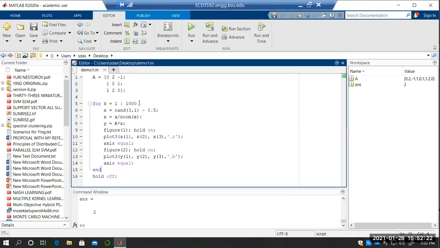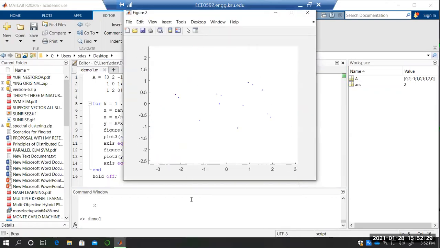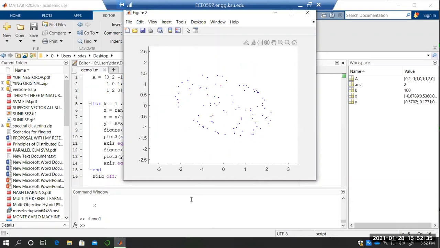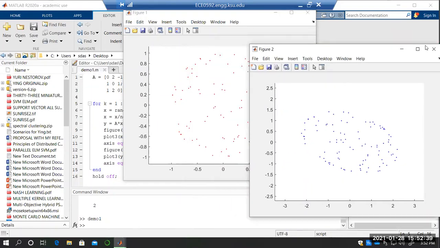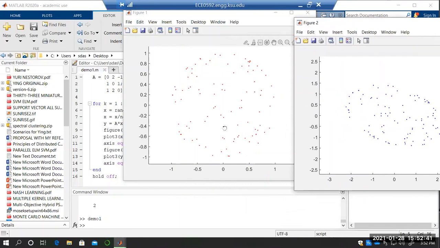Now let me reduce the number of points to 100 and carry out this thing. Well, we can't see with this many points now.